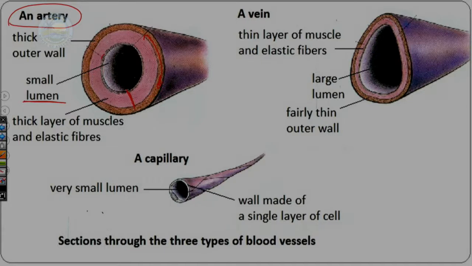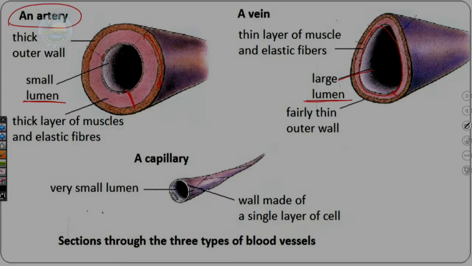When you compare it to a vein, which has a large lumen, so the hole or the space which the blood flows through is called a lumen. When you compare it to the artery, the vein's lumen is quite large, and you can see here the band of muscle is not as thick as in the artery. And why is that so?